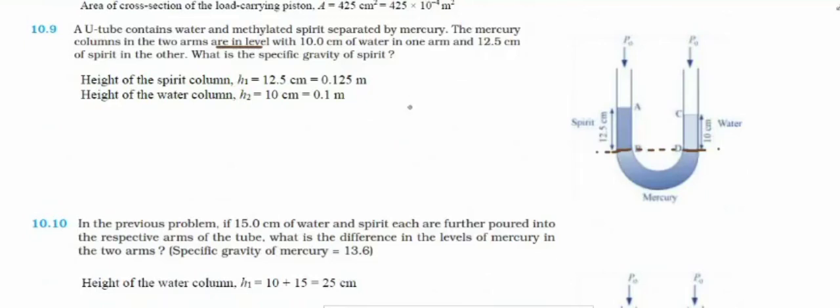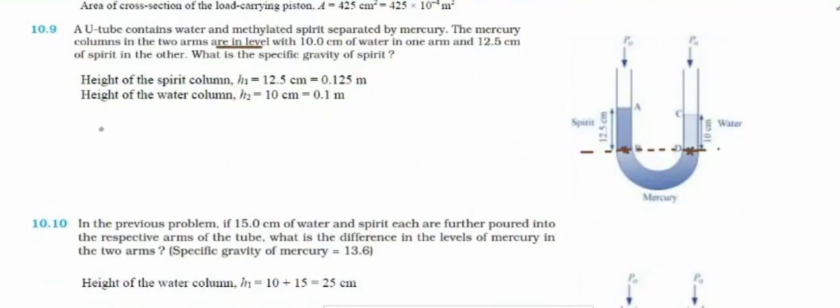Now we can see the mercury column is in the same level. What does it mean? The pressure applied by the spirit here is equal to the pressure applied by water.